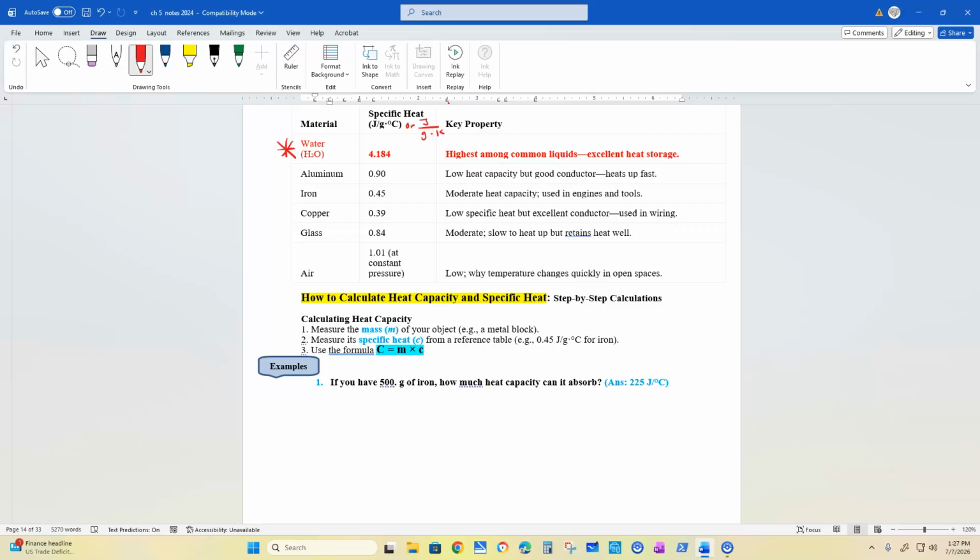Simple formula: heat capacity equals the mass times specific heat. So the mass is 500 grams of iron, and I'm going to multiply it by the specific heat of iron, 0.45 joules per gram degrees Celsius. Simple multiplying. So I'm going to take that 500 times 0.45.